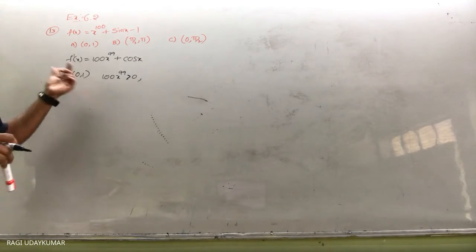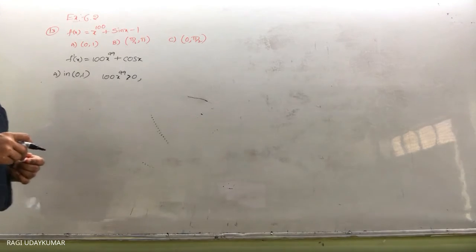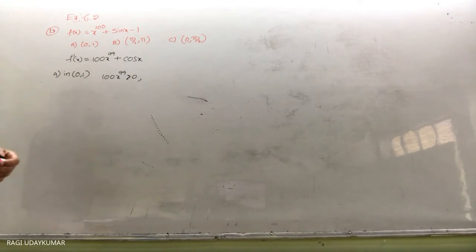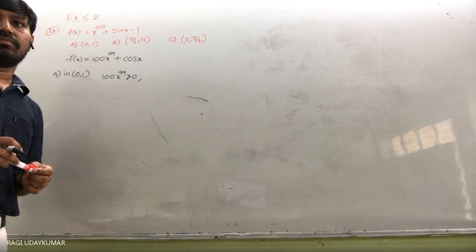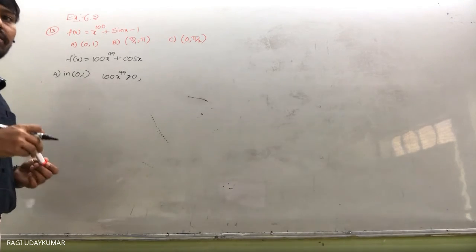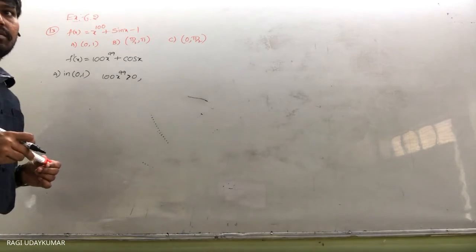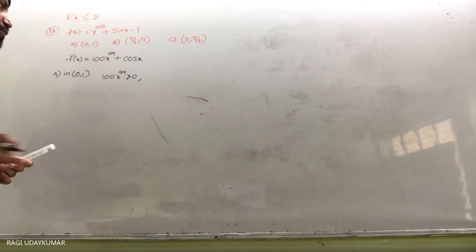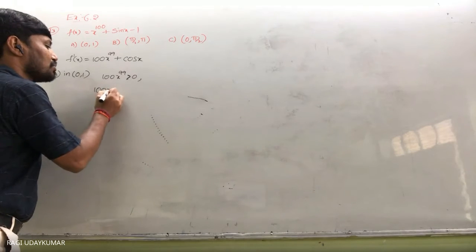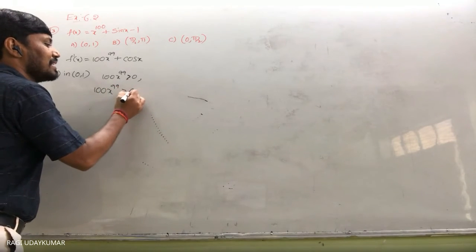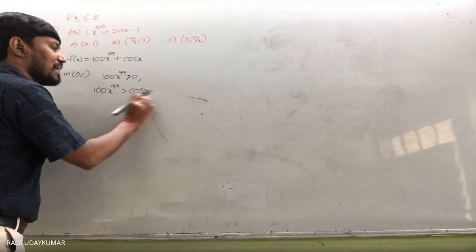And cos x in this interval 0 to pi by 2, what will it be? Can anyone tell? Obviously, whenever you see that 100x power 99 is always greater than cos x, whatever the cos x value may be.